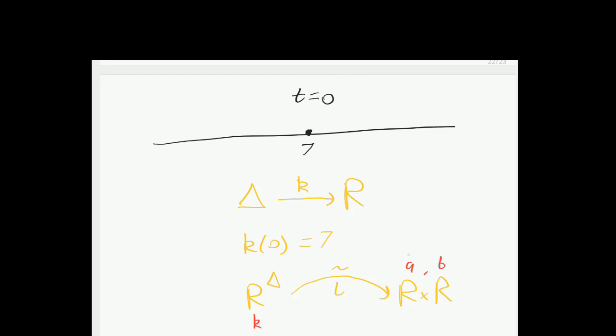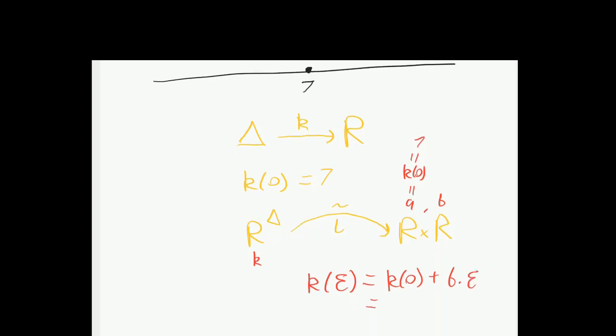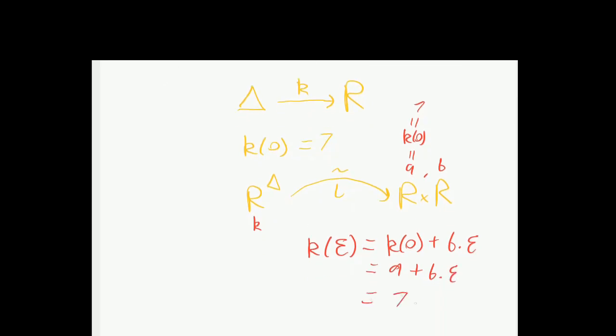And A would be where this ant is at the present, so that would be k of 0, and that would be 7 in this thought experiment. And then this B here would be giving the velocity of our ant. So at an infinitesimal time epsilon, we'd have that the position of the ant is equal to k of 0 plus b times epsilon, or if you like, a plus b times epsilon, or in this case, 7 plus b times epsilon.